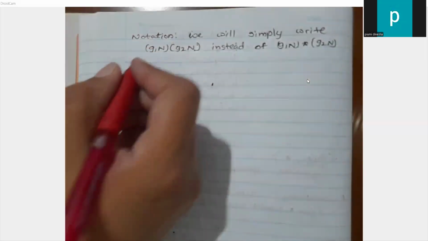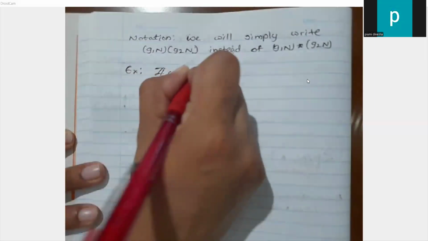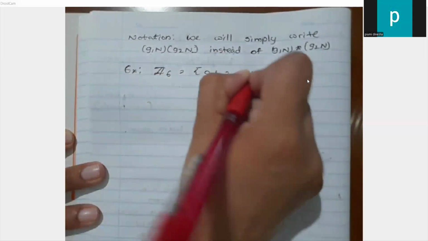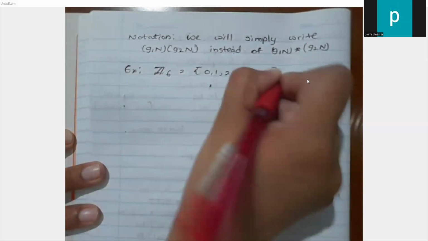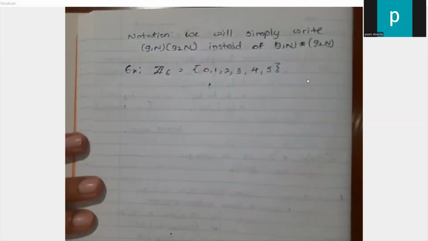Okay, let's start with the group Z6. This is the group containing integers from 0 to 5 under the binary operation addition modulo 6.